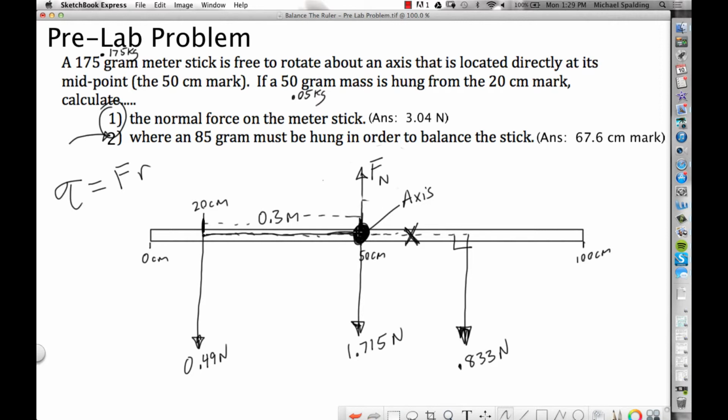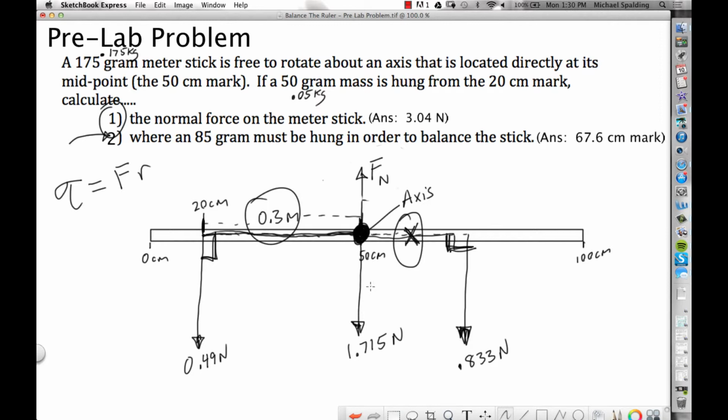So 0.3 meters when you go from the axis over to this force, is that perpendicular? Is the 0.3 meters perpendicular to the force? It is. So that's good. Is the x perpendicular to that force? Yes. So we have our distances. They're perpendicular to the force. They're measured from the axis. When you do torque problems, you always measure from the axis.